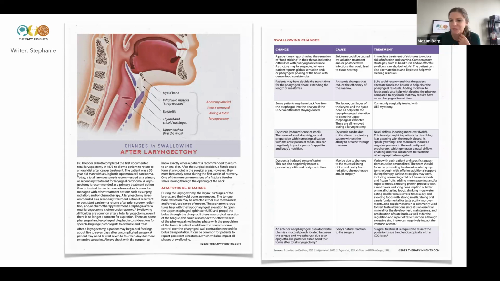One of the more interesting ones that I saw on this piece was the nasal airflow inducing maneuver, also known as the NAIM. This is where, if they have a reduced sense of smell, you can teach them to do a polite yawn with their mouth closed, which I don't even know if I can do.